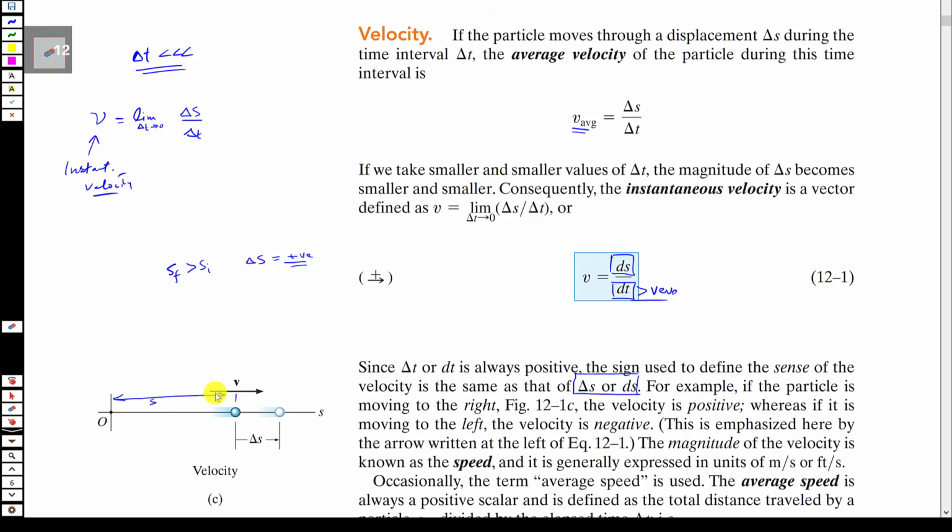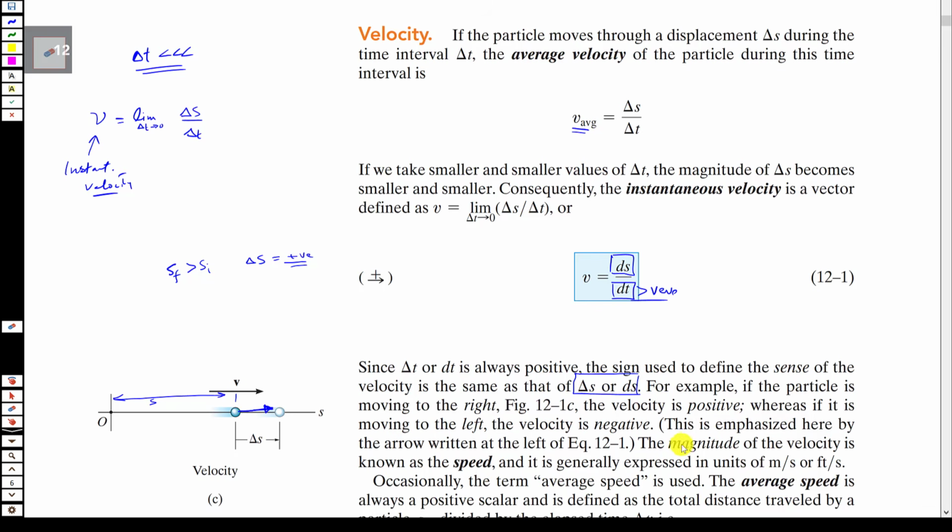This is the vector representation of delta s, and the velocity direction will be the same as that of the displacement. If the displacement is positive, the velocity will be positive, and if the displacement is negative, the velocity will be negative.